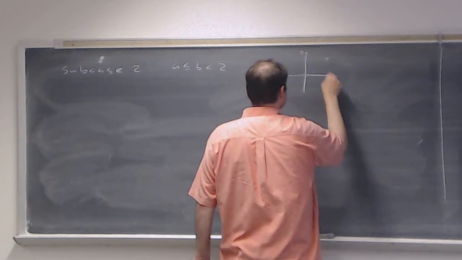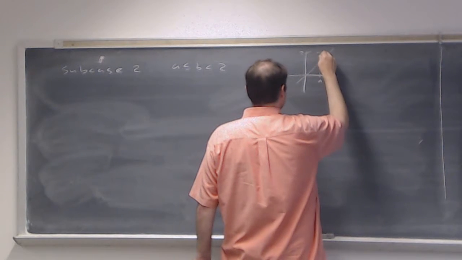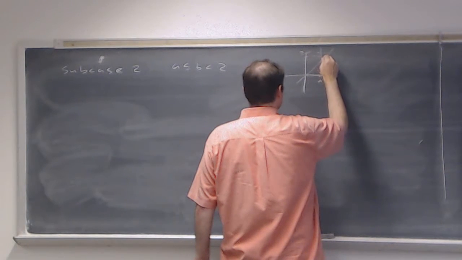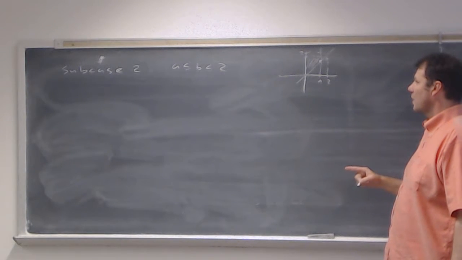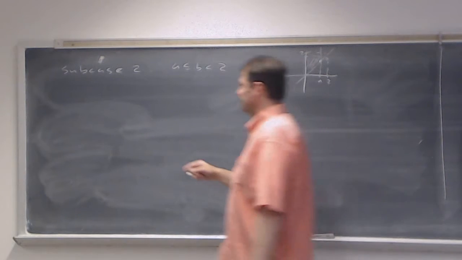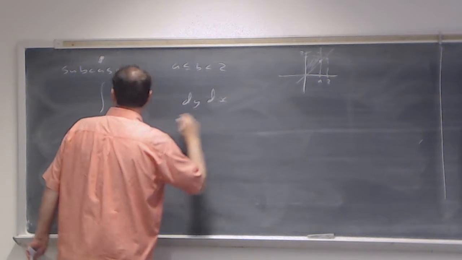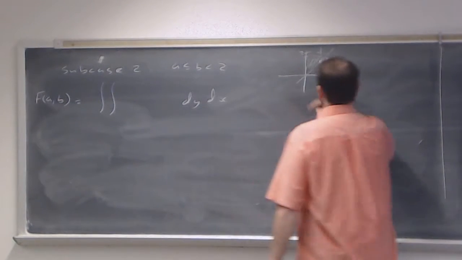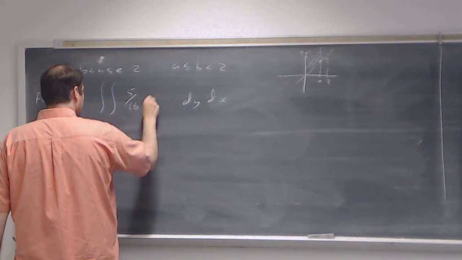So this is 2, this is 2, this square. Here's A, okay. And B is up here. So we're looking at integrating over this region. And the way I think it's better to do that is integrate dy then dx, okay? So here, I'm going to rewrite dy then dx. So in this case, F of A, B. We want to integrate over this region, okay? The PDF again, don't forget, 5/16 xy squared.